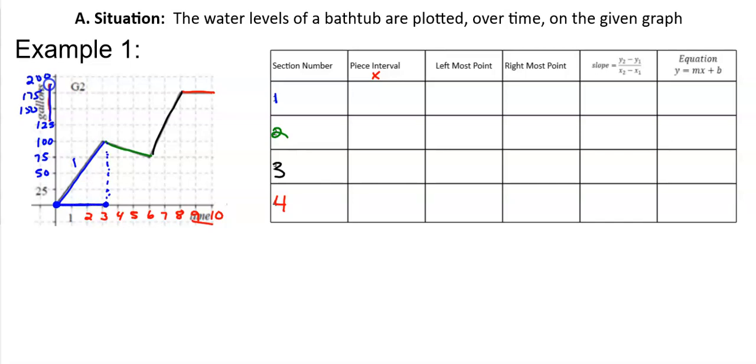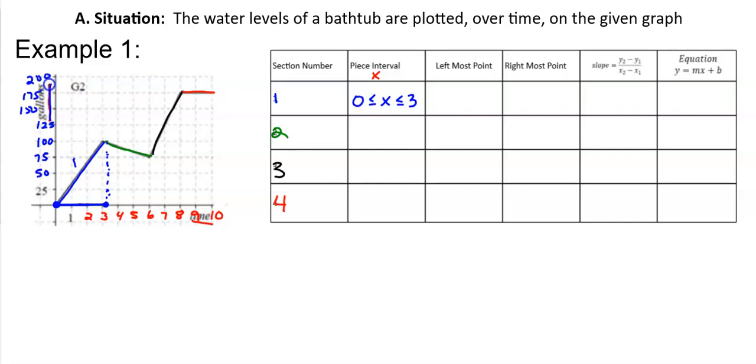So our first piece is from where x is equal to 0 to where x is equal to 3. Okay, so including 0 and including 3 and all of those x values in between.